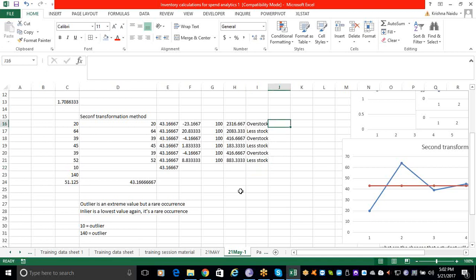So let's find total. Total overstock. 236 plus less stock.